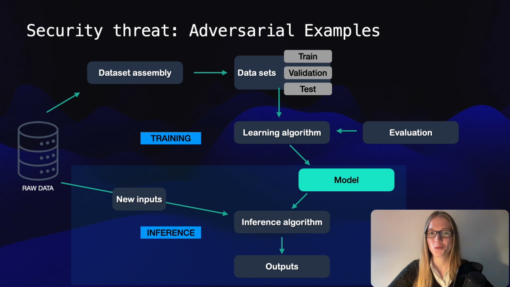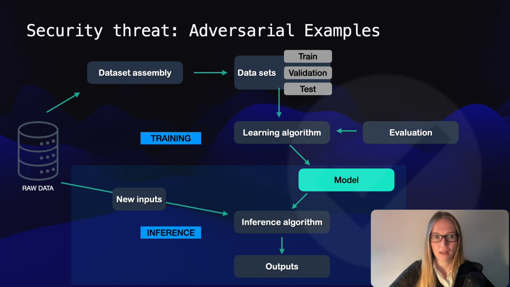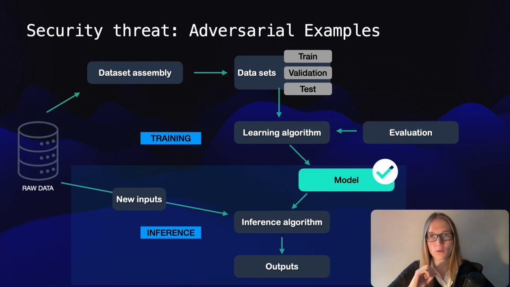Okay, let's assume our model is okay and was not poisoned with bad data. But after training, there is still another kind of threat we must protect the model from. This is called adversarial examples.